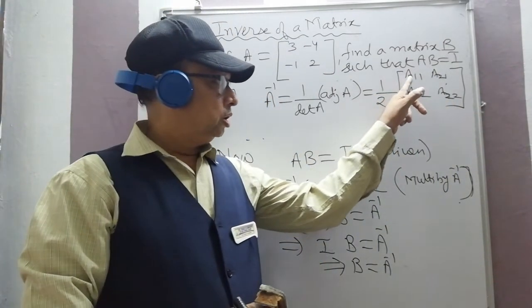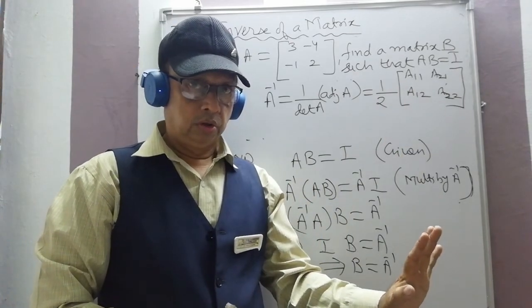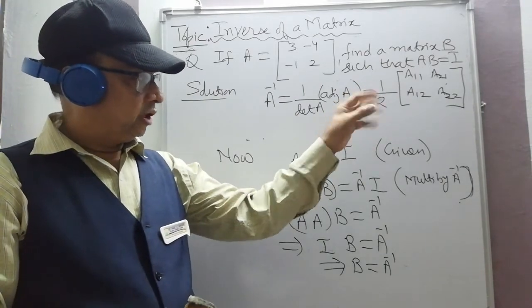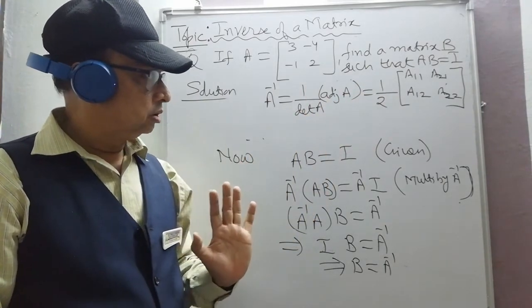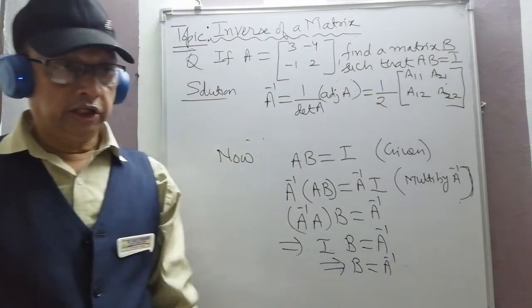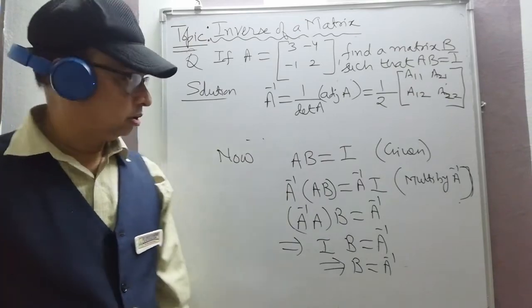As I told you, directly I have taken the transpose, so that we are free from one step. But when we are doing anything directly, you must be cautious, remember it.